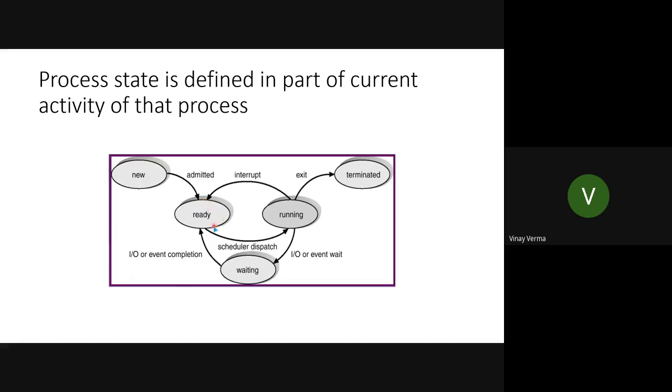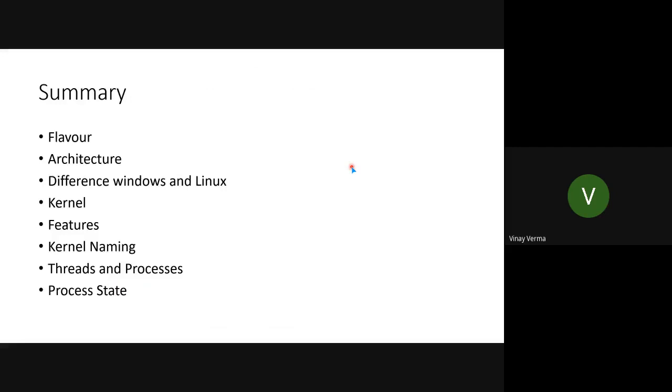Once it is executed, it is in the executing state, that is running. After running, if someone pauses it, then it again goes to the ready state. If someone just closes it for some time, then it goes to the waiting state and again goes to the ready state, restarts that process. If someone just exits that code or process, then it goes to the terminated state.